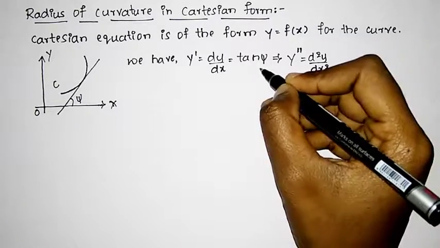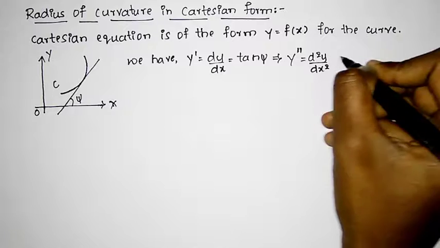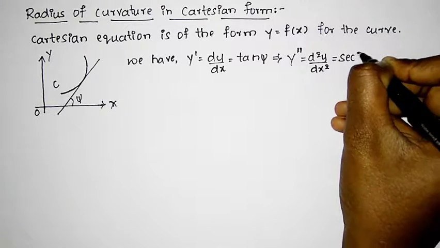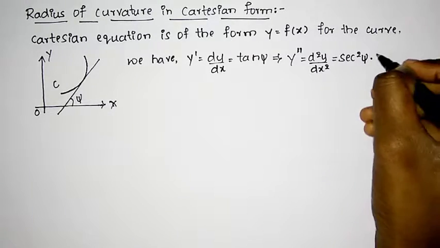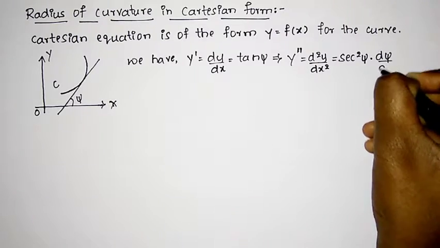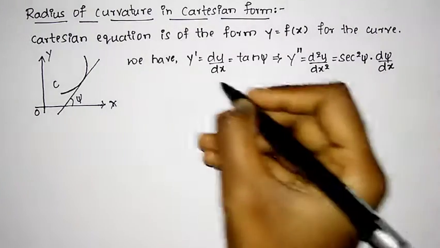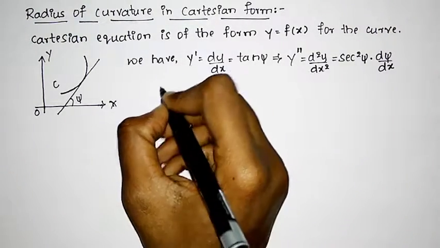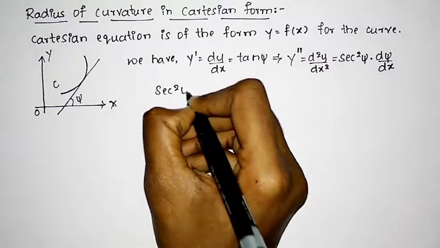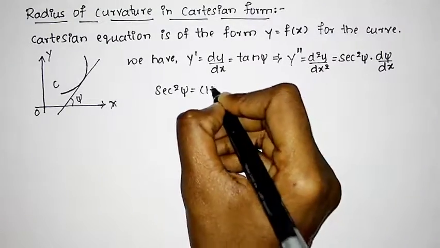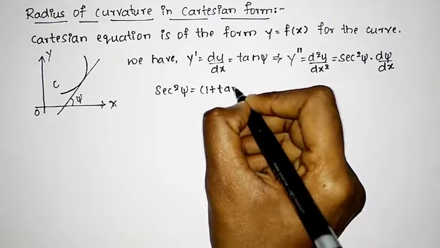If you differentiate tan phi, it will be sec square phi into d phi by dx. Sec square phi can be written as 1 plus tan square phi.